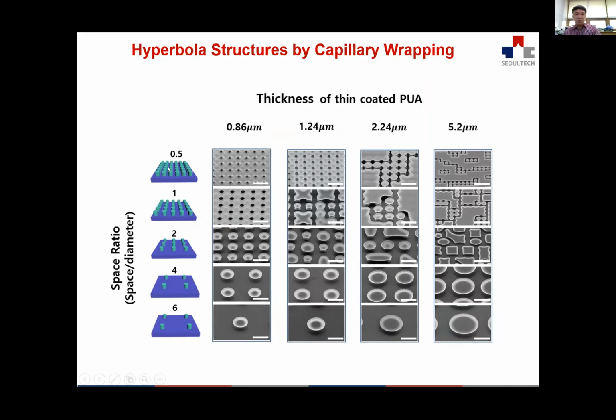As you can see, the top areas are connected when the space ratio is small, meaning the aspect ratio is higher than the meniscus height, and the caps are separated when the space ratio is higher. Also, the diameter of the separated hyperbola structures increases when we increase the thickness of the liquid prepolymer.